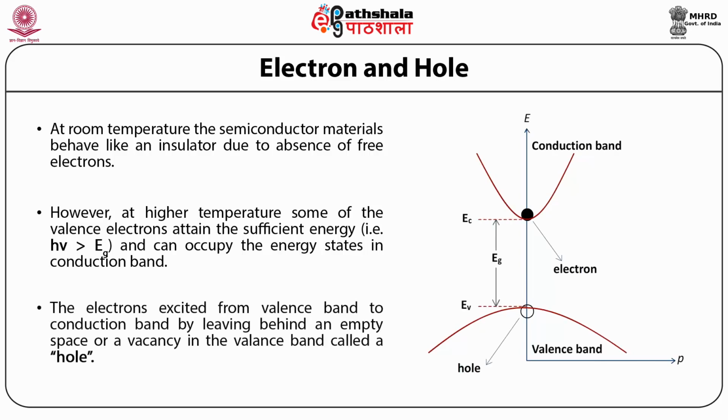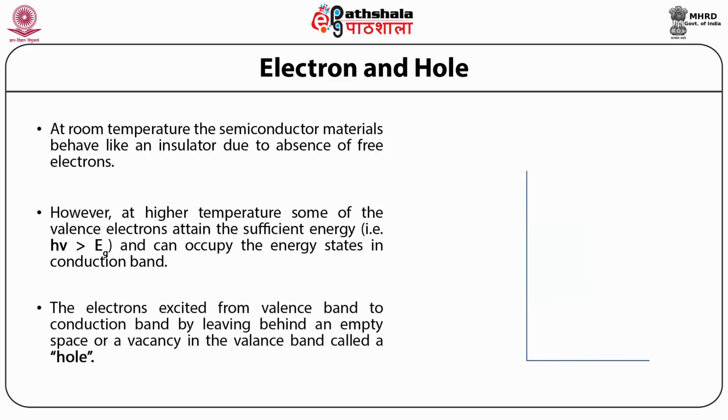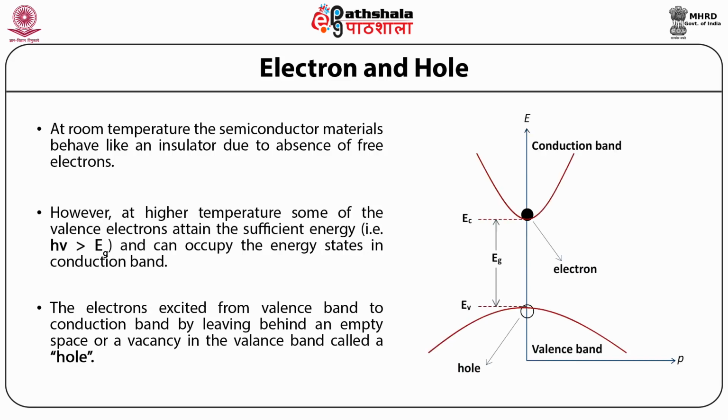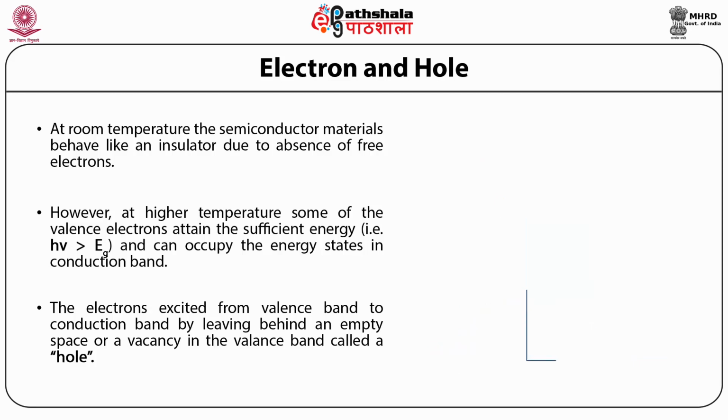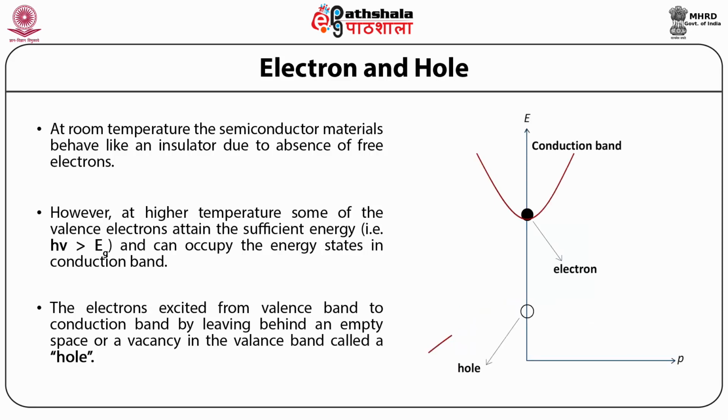The electrons are excited from the valence band to the conduction band, leaving behind an empty state or a vacancy in the valence band. This is called a hole. So the holes in the valence band have a positive charge.